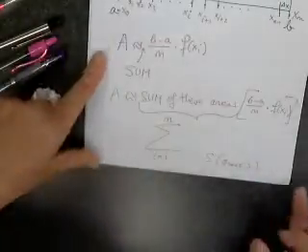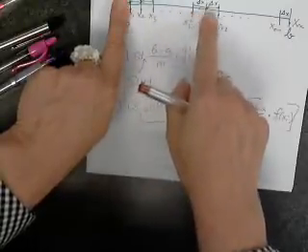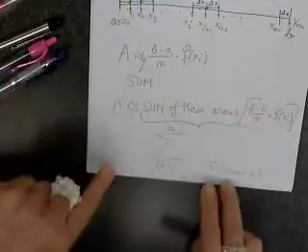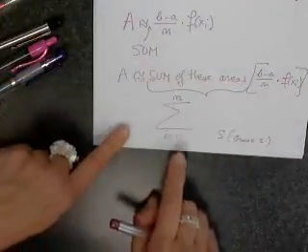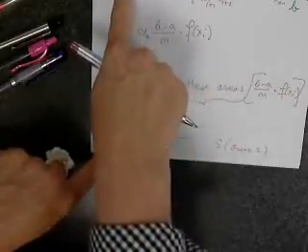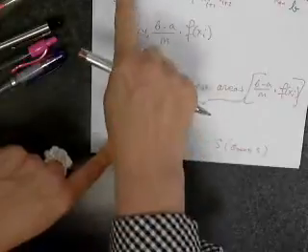So how many subintervals do I have here? 1, 2, 3, i plus 1, i plus 2, n minus 1, n. Why isn't it i equals 0? Because I don't have an interval 0. I have the first interval, which is x between x0 and x1. So that's the first subinterval.